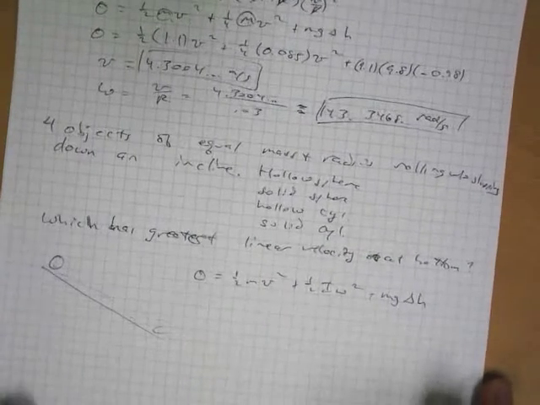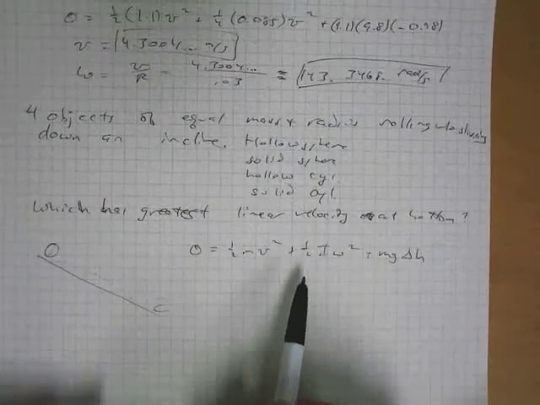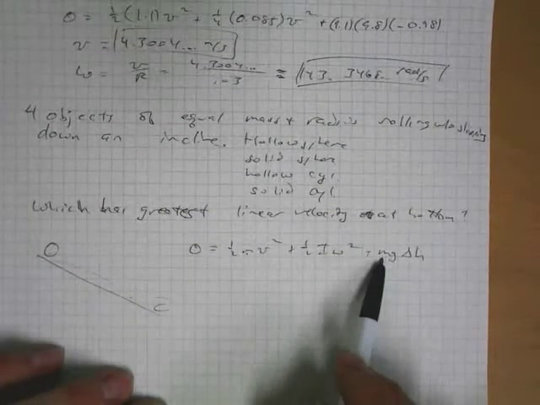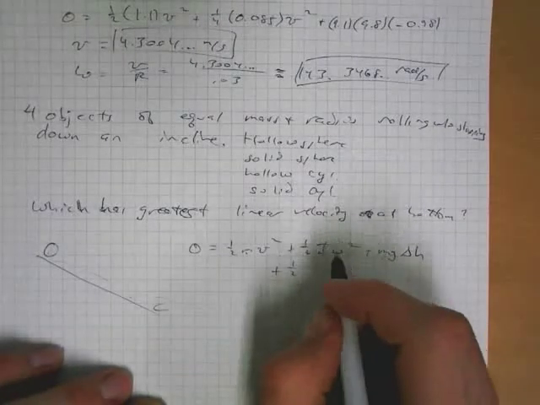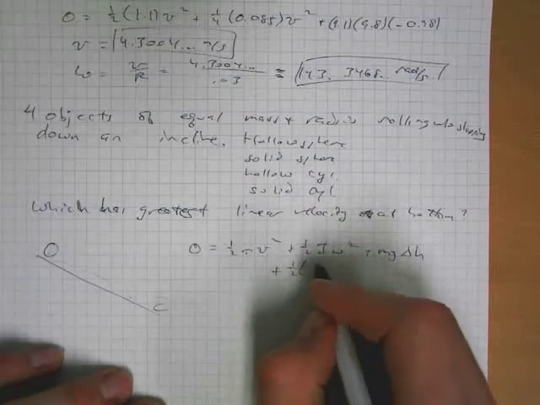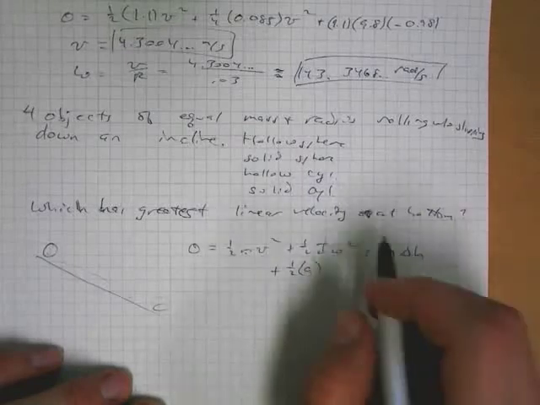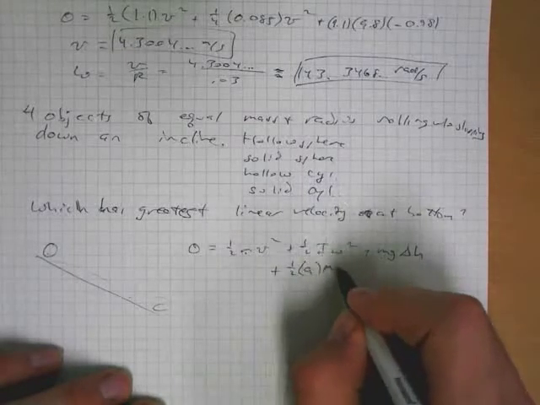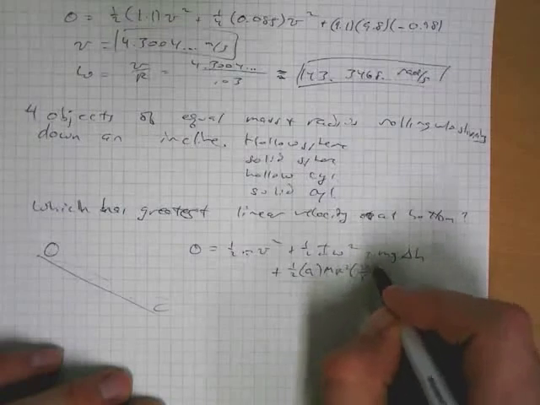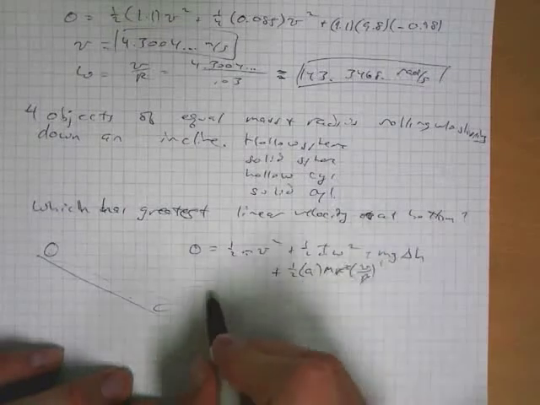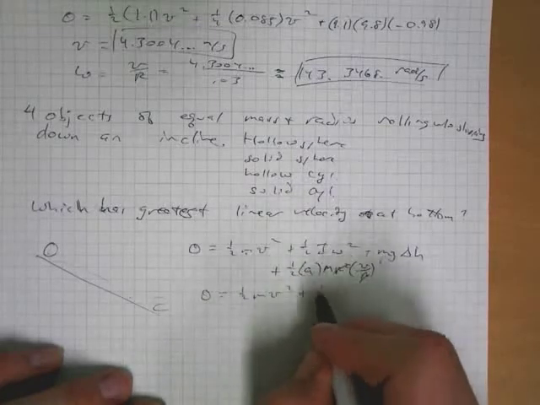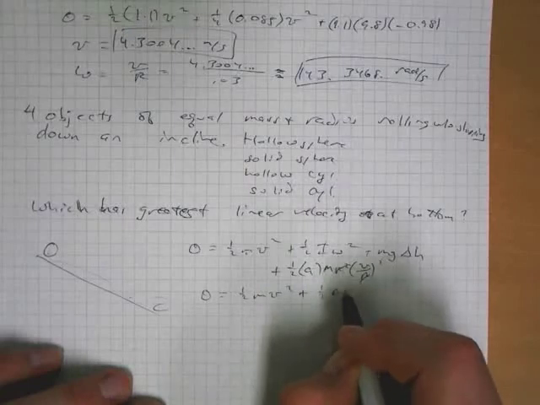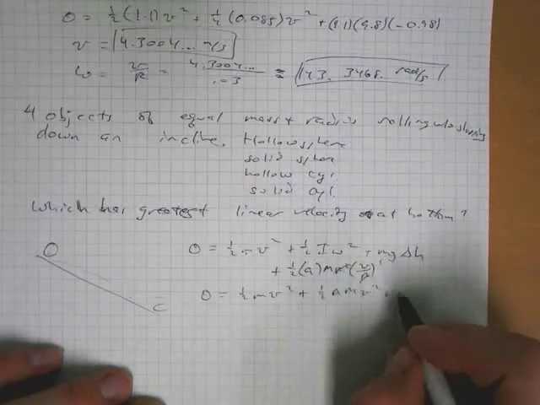Okay, so mass is the same for all of these, delta h is the same. Our moment of inertia is some fraction, I'll call it a, times mr squared, and this omega is v over r again, so those r's cancel out. So we've got 1/2 mv squared plus 1/2 a mv squared plus mg delta h.